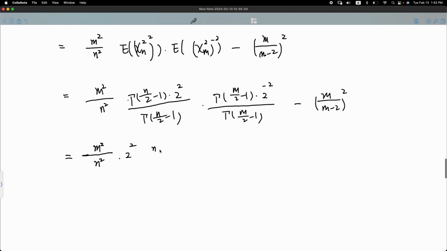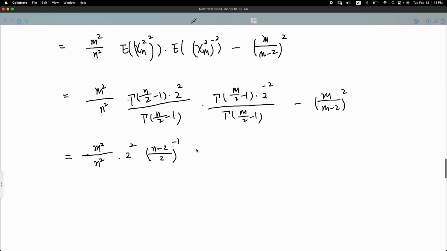So n minus 2 over 2 raised to the power of negative 1.